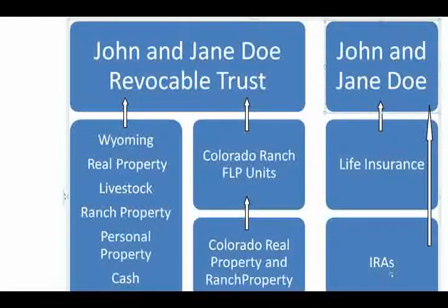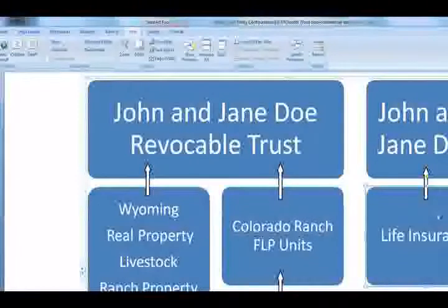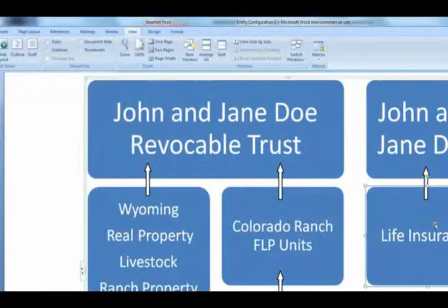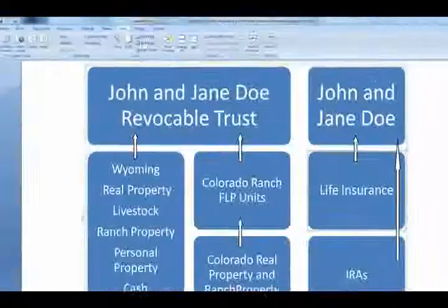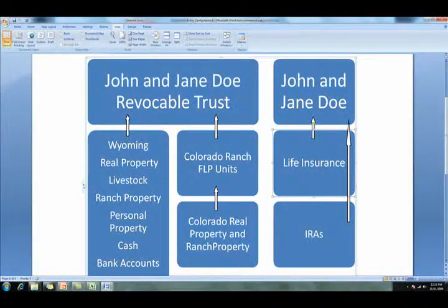As far as the life insurance goes, probably what we're going to do is have that life insurance owned by them, at least now, and make the trust the beneficiary. But more importantly, I think we want to try to get that life insurance out of their estate and make it an irrevocable life insurance trust. I just think that makes the most sense, and then they won't have to give half of the death benefit away someday because their estate grew.